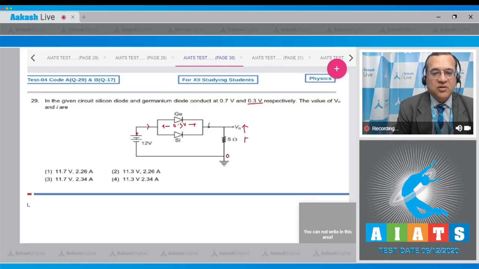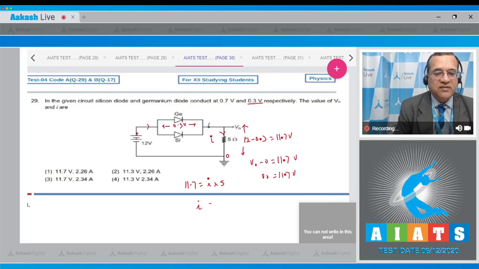resistance will be equal to 12 minus 0.3, that is equal to 11.7 volt. If it is at zero potential, so V0 will be equal to 11.7 volt. Now you want to find the current. If the current I is in this circuit, the same current is flowing from here, then by Ohm's law, the potential difference 11.7 is equal to I multiplied by the resistance, which is 5 ohm.